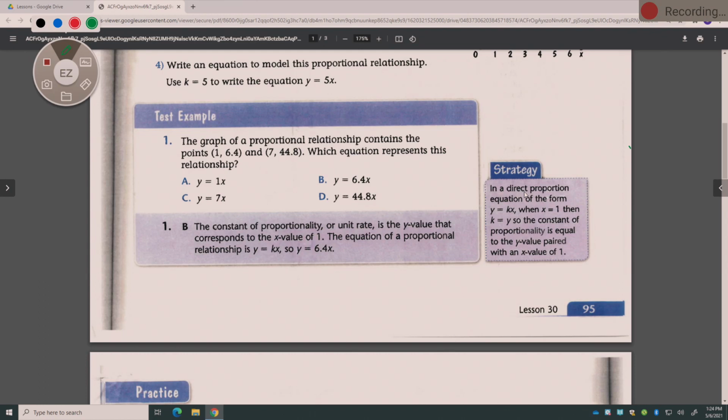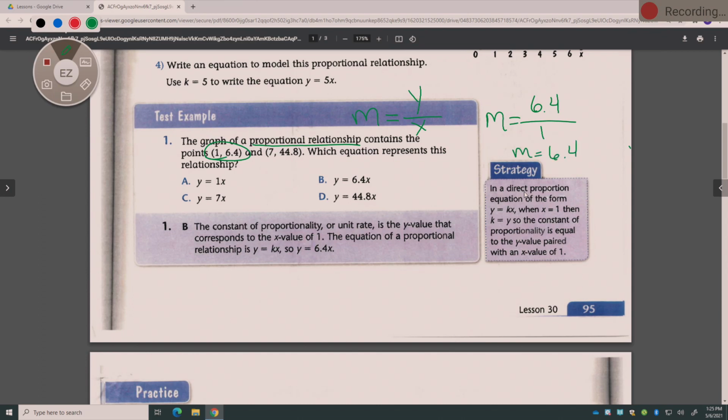Let's look at this test example. The graph of a proportional relationship contains the points 1, 6.4 and 7, 44.8. Which equation represents this relationship? Well, remember, because it's proportional, my slope can equal y divided by x. I just need to make sure I'm working with the same point. So if I am going to use this first point, m will equal 6.4 divided by 1, which is 6.4.